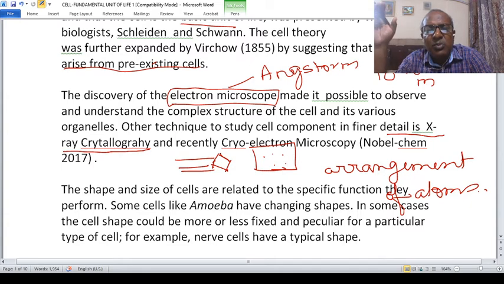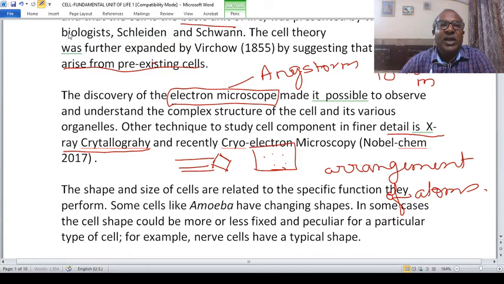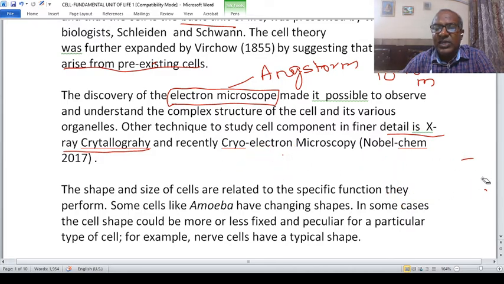You can study molecular structure; say diamond, graphite and coal are all made up of carbon, but the difference is in the arrangement of the carbon atoms. So you can study things at molecular scale, and the arrangement of atoms in a crystal, whether it is a DNA crystal or a protein crystal.